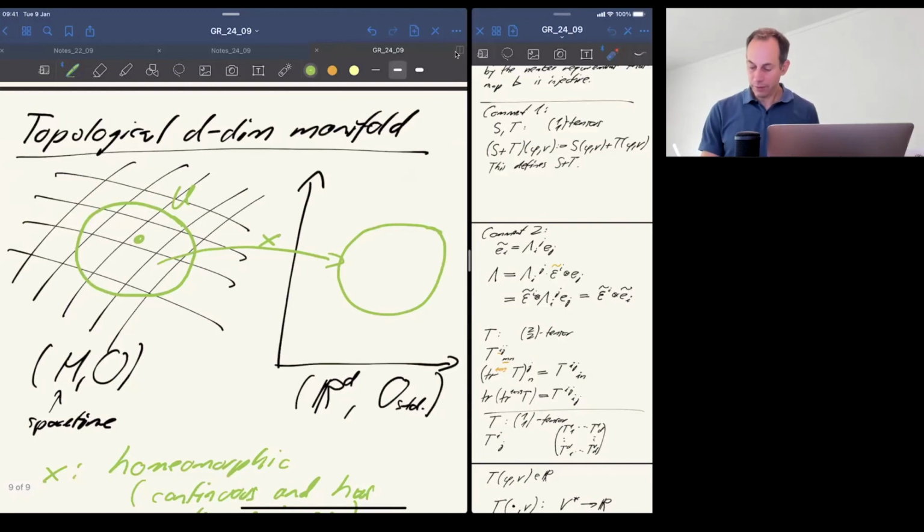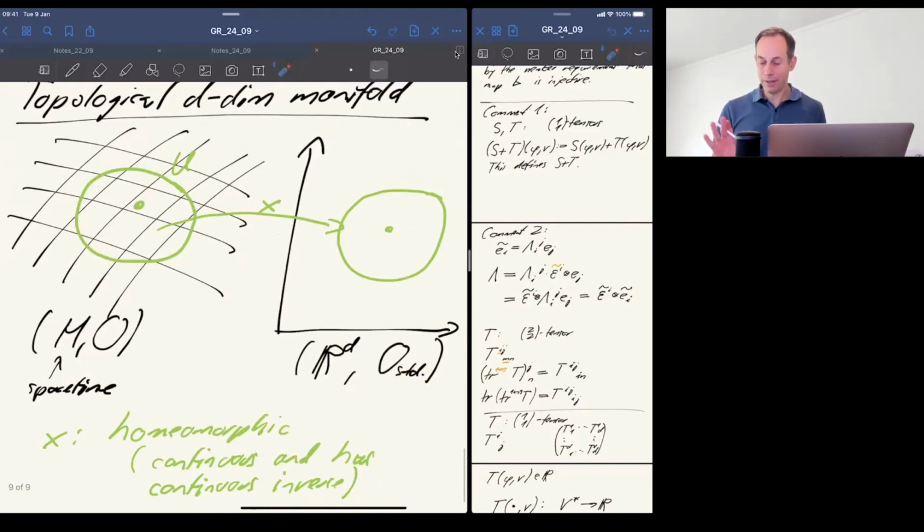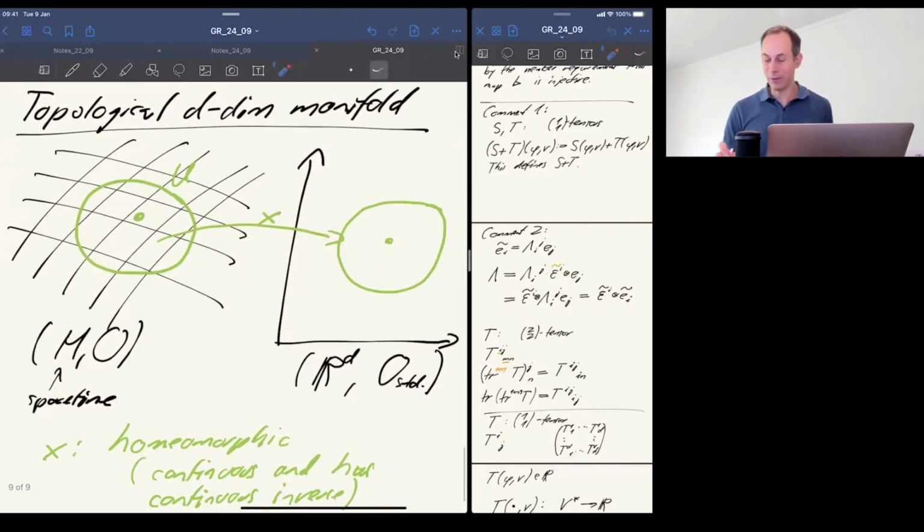And of course, it will map this point to somewhere. So the requirement now, maybe I didn't phrase this very consistently. The requirement is the following: a set of points M, or a topological space M with a definition of open sets, is called a topological d-dimensional manifold if around any point I can find an open set.